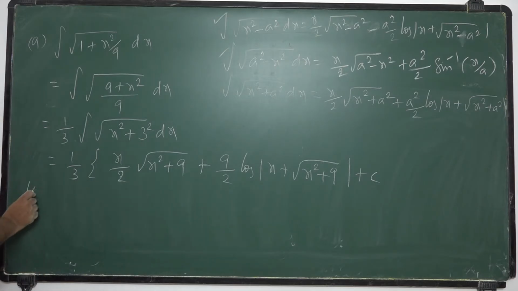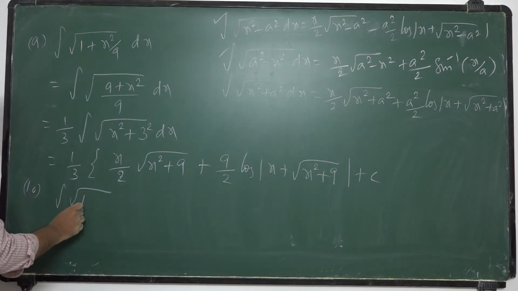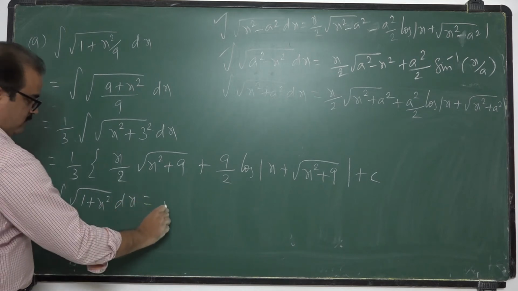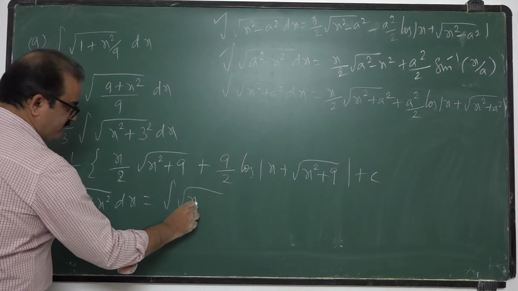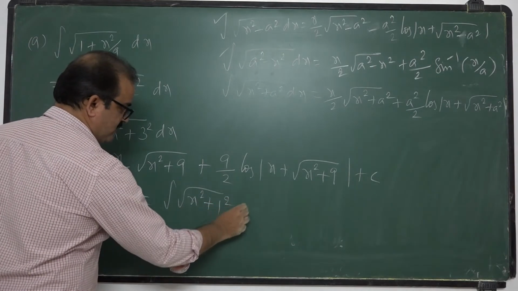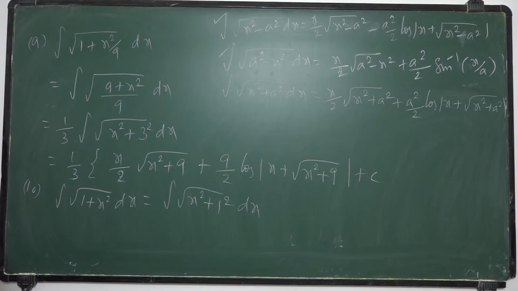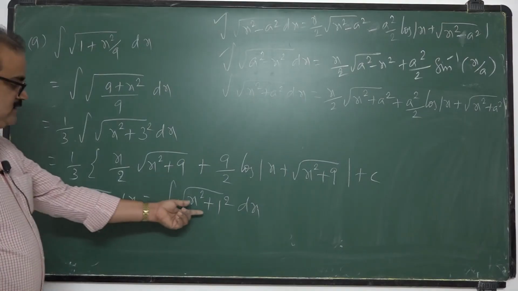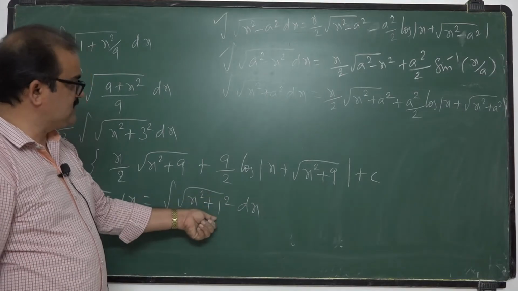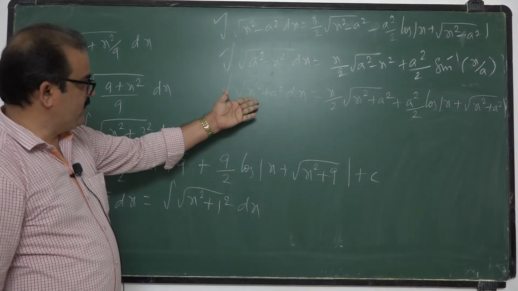The same model. 10th problem, integral of root of 1 plus x square into dx. You write it as integral root x square plus 1, where 1 is taken as 1 square, into dx. It is also in the form of integral root x square plus a square. So apply this formula.